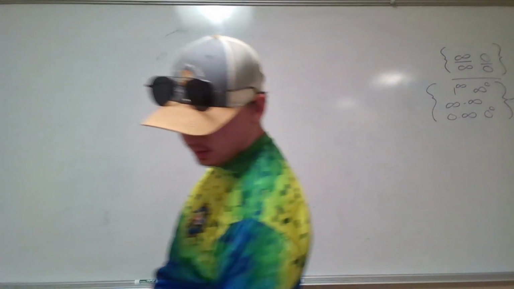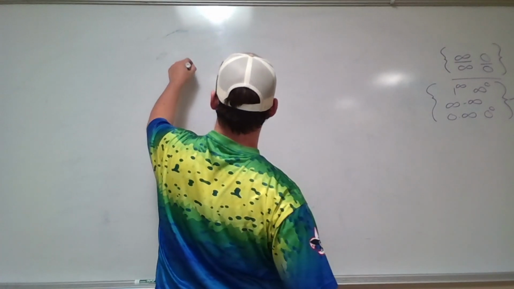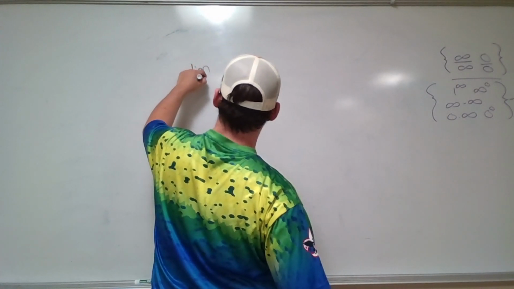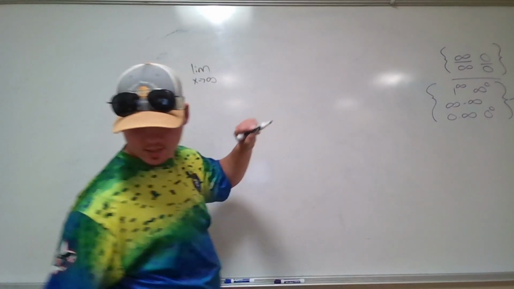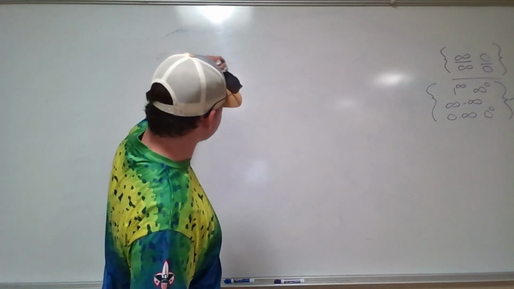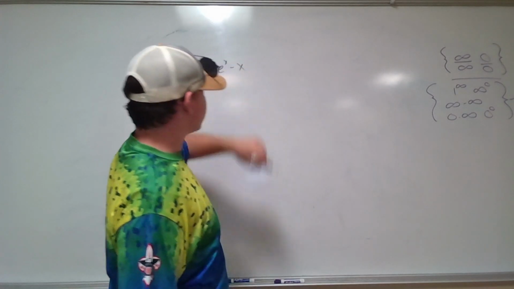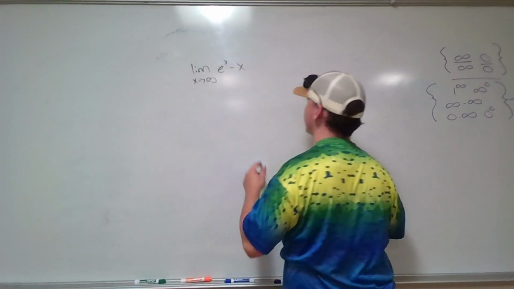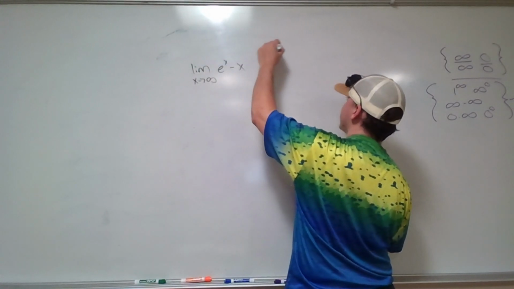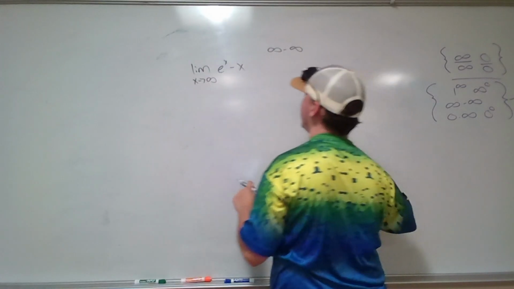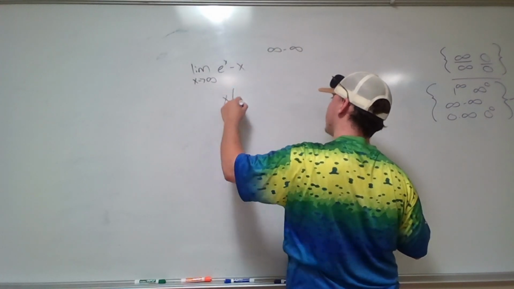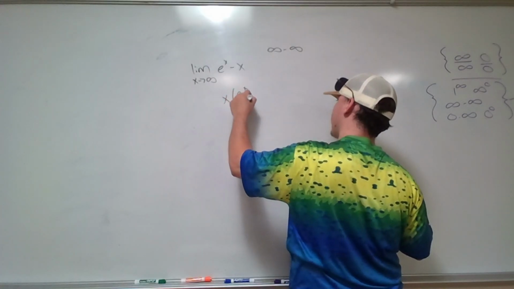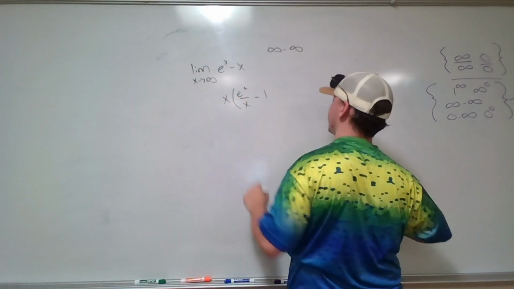The limit as x goes to infinity of e to the x minus x. Yeah, e to the x minus x. So as x goes to infinity, it goes to infinity, so we end up with infinity minus infinity. What we're going to do is factor x out. So we're going to end up with x times (e to the x over x minus 1).